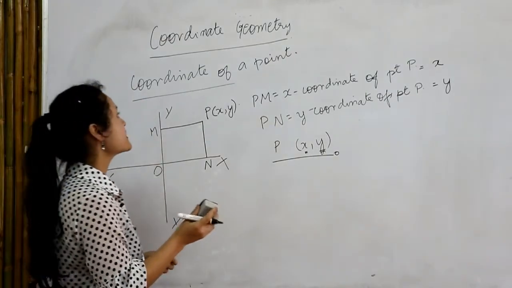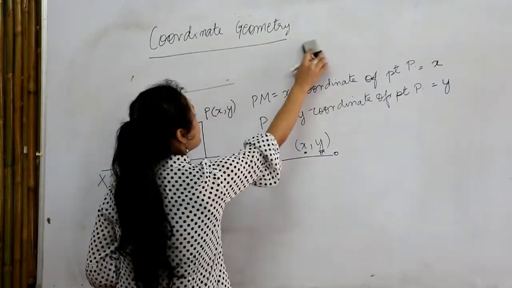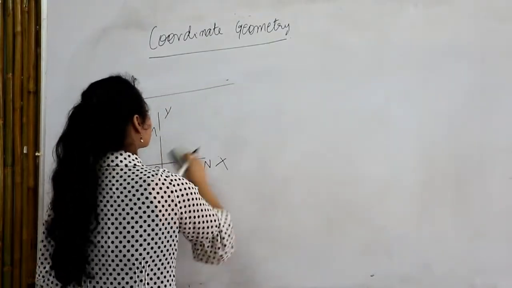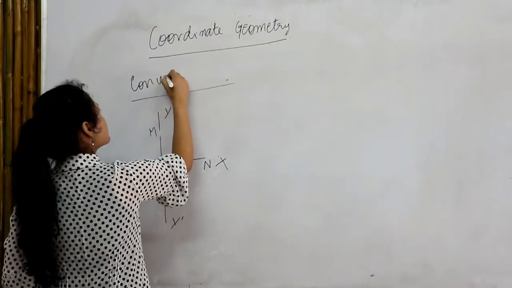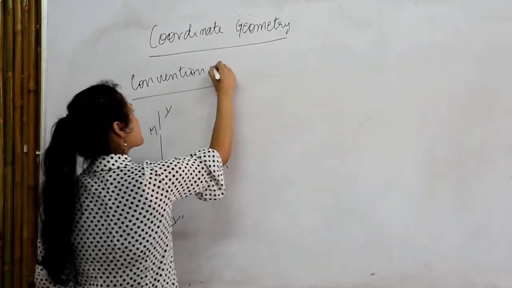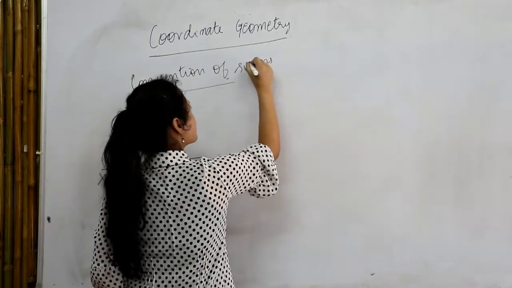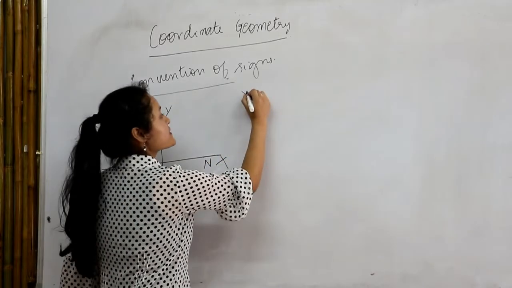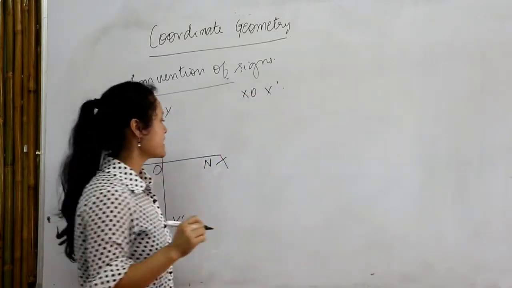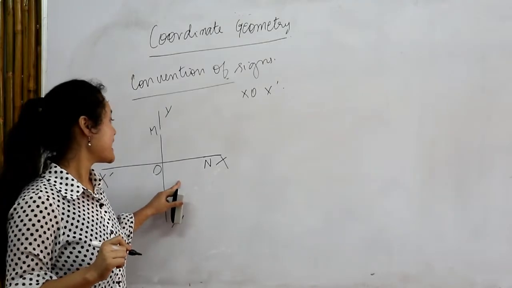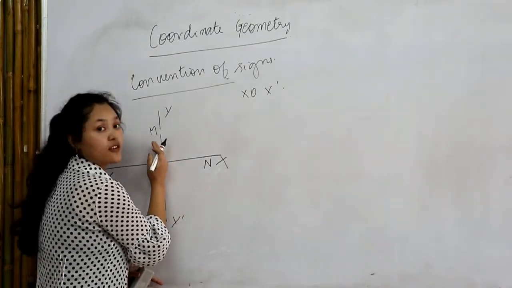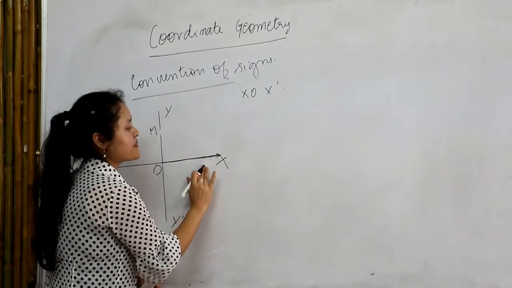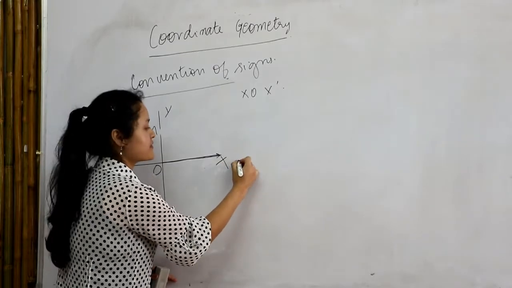Okay. So now I will do the convention of signs. The x-axis, X or X prime, is positive if we measure to the right of O. From O to the right, we measure the x-axis as positive.